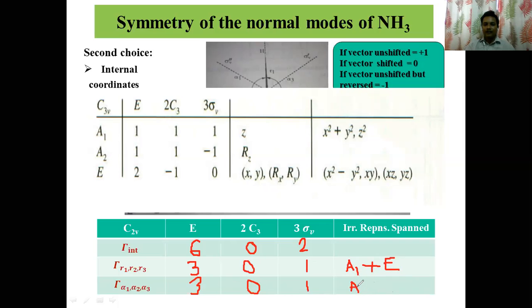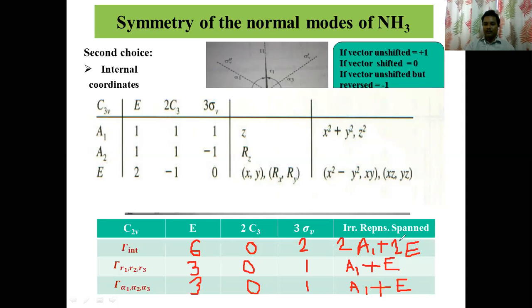So we'll be getting A1 plus E. Now this definitely is going to be the sum of these, so that is going to be 2A1 plus 2E. Look here, it's exactly the same thing that we got for Cartesian coordinates, 2A1 plus 2E, so the total gives you 6.